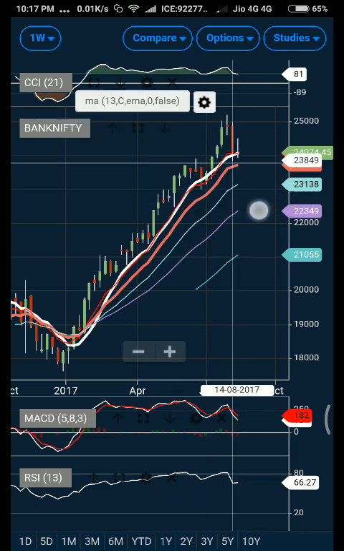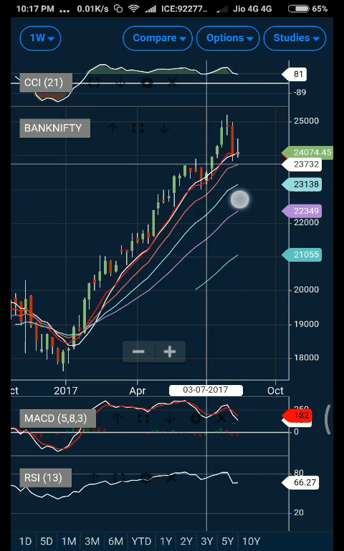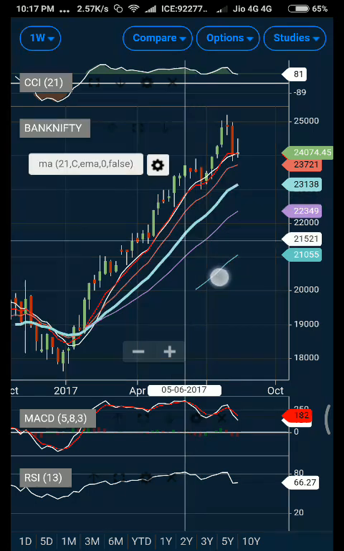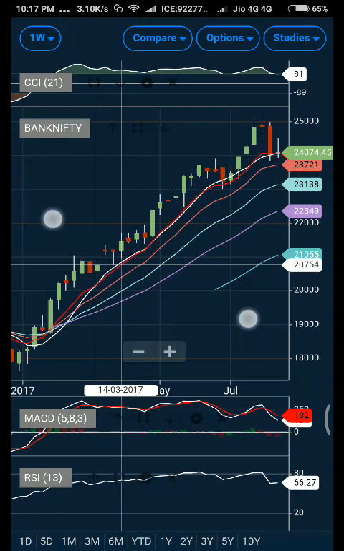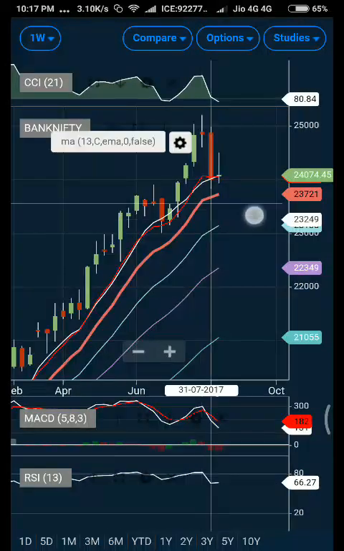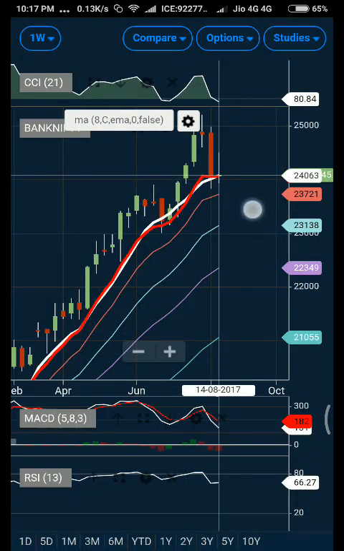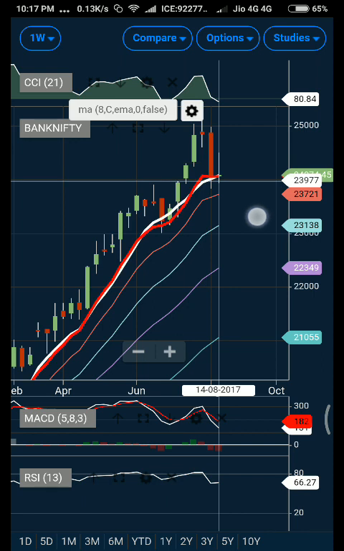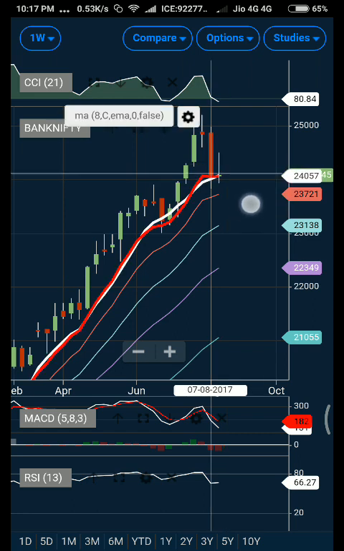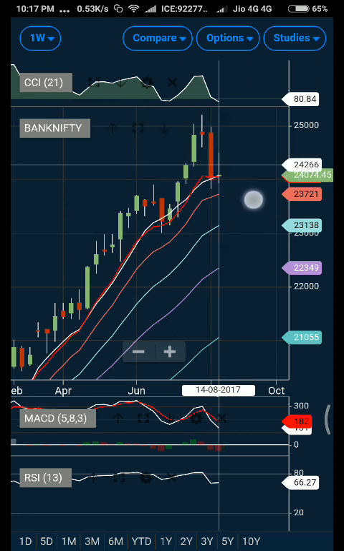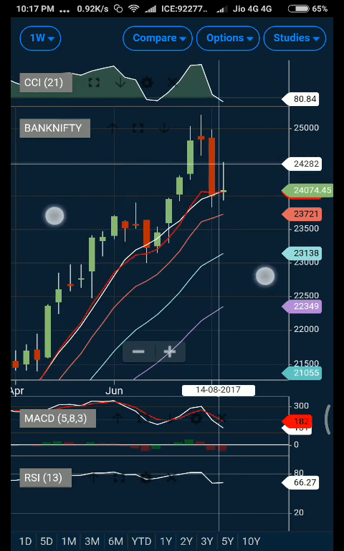So for Bank Nifty, if the market goes down, I think one can watch out for the 23,720 level, and on the higher side you can expect a level till. Here you can see a small bearish crossover forming, and also the rejection of prices at a high level. So anytime a bearish crossover starts to appear on a chart, you will see that resistance will come into play and become effective.